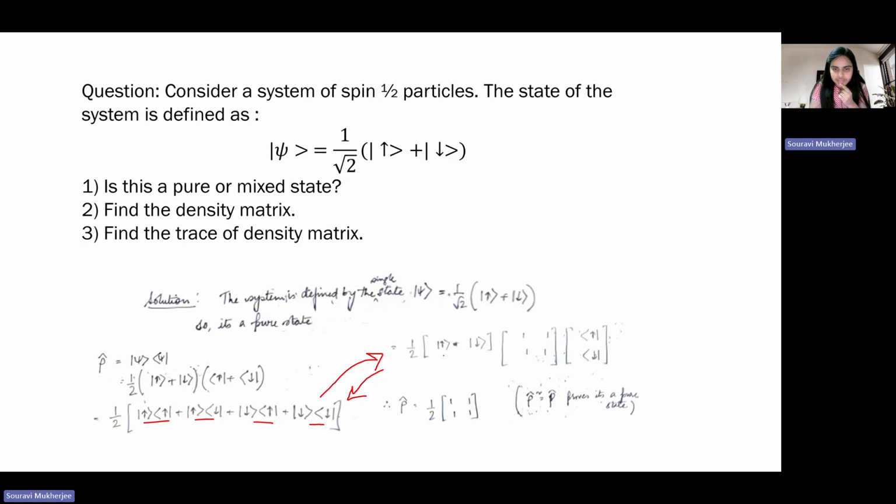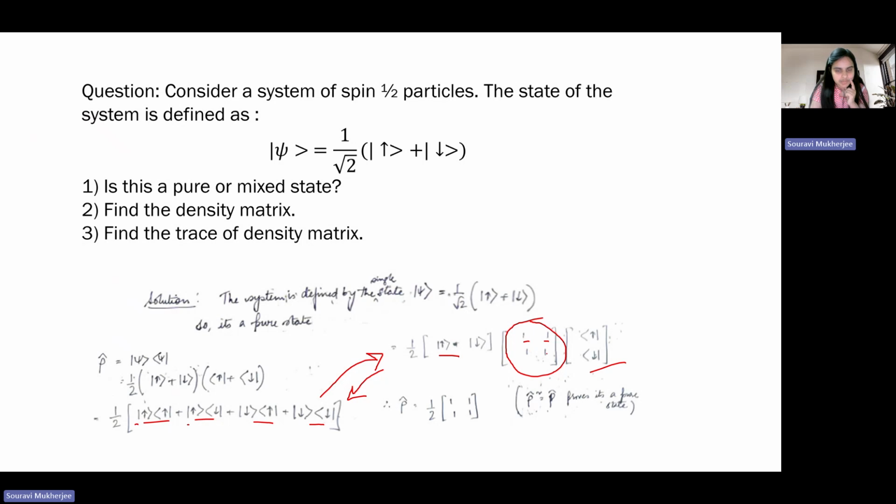On one side you take a bra, on the other side you take a ket, and then you put this matrix here, which gives you this form, right? And what is this telling you? If you multiply with half, all of these terms give you half, half, half, half, right? These are nothing but the coefficients you have here. The coefficient for all of these 4 terms is half.